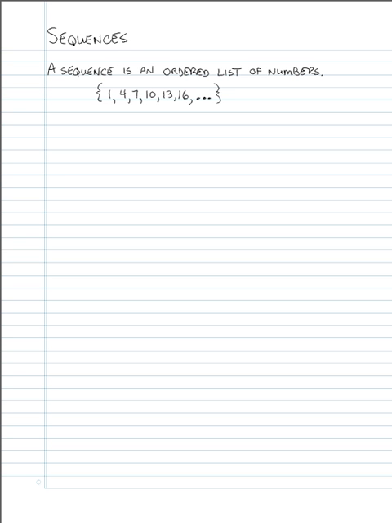So that's the key word here. And you see that I've made a list of numbers: 1, 4, 7, 10, 13, and 16. Now, in general, sequence terms are denoted as follows.